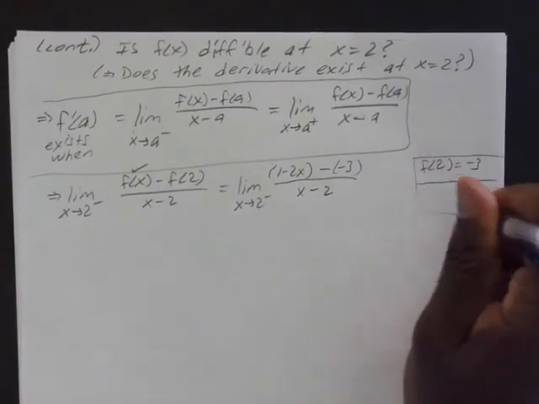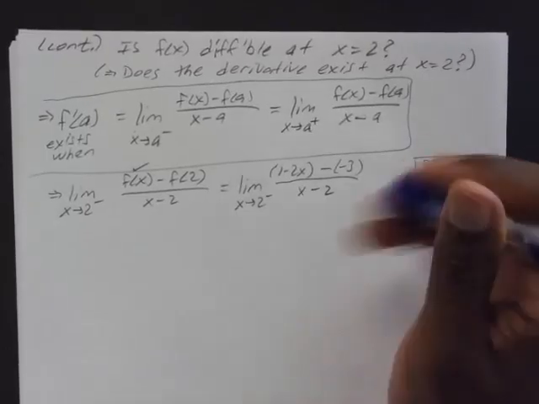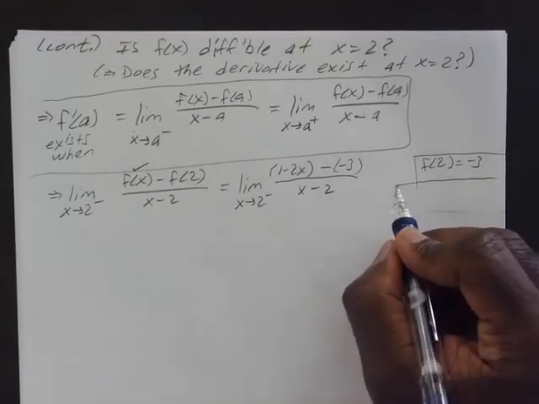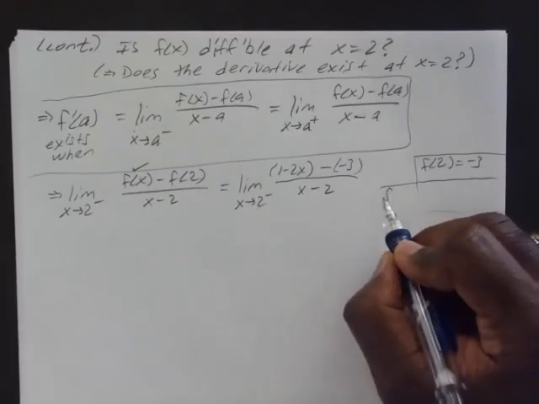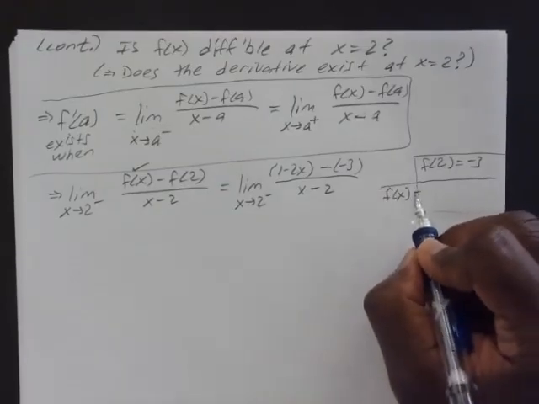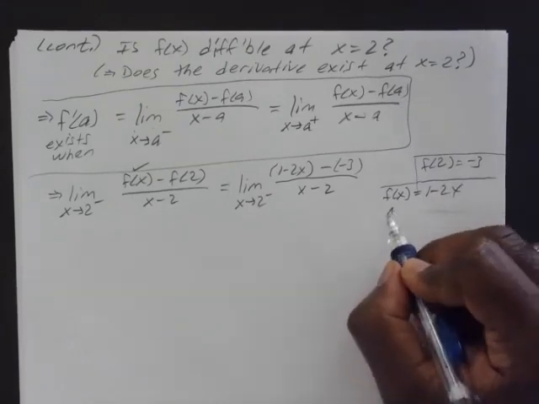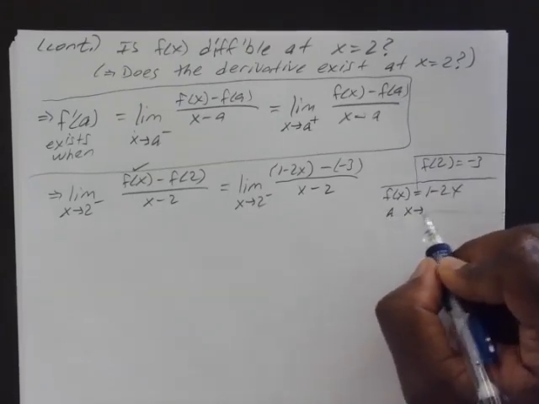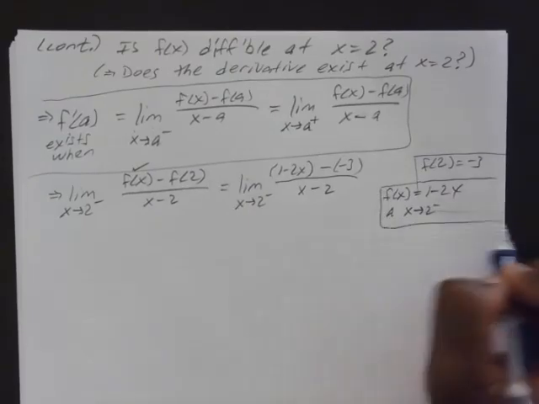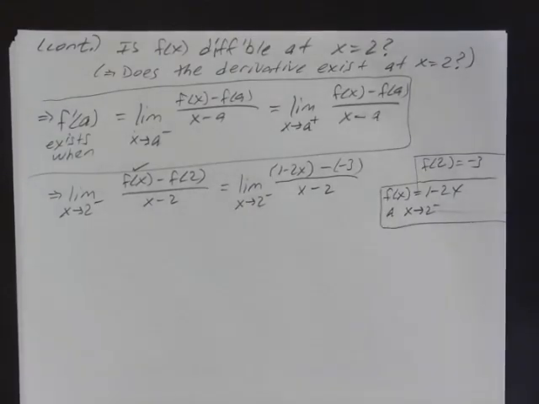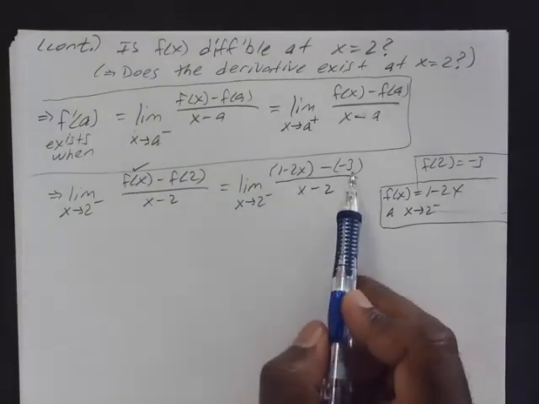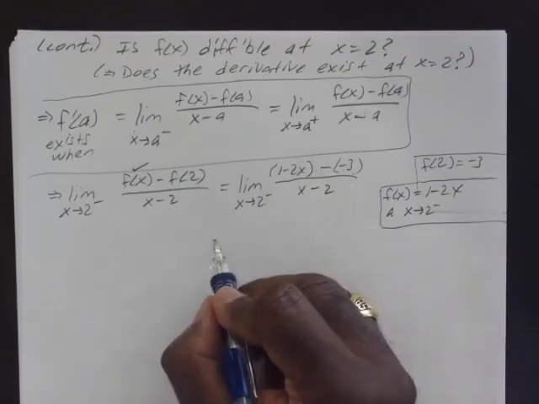All right, so let me write a little side note for that one: f of x equals 1 minus 2x as x approaches 2 from the left. Okay, so we can get rid of this minus negative and just make it plus.